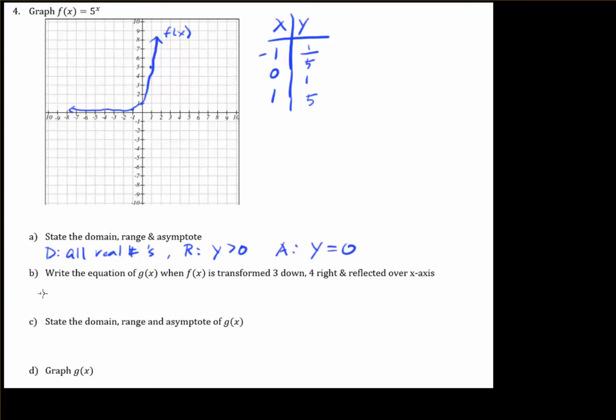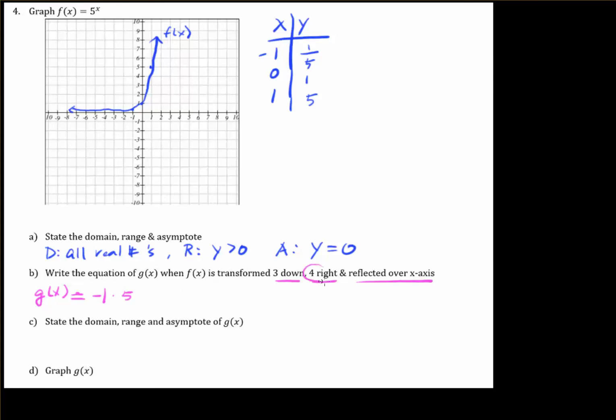Now write an equation for g of x, where it's transformed 3 down, 4 right, and reflected over the x-axis. So if it's reflected over the x-axis, first we're going to have a -1 times 5^x. Okay, that was our base.